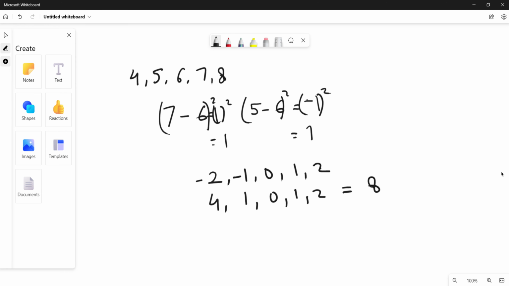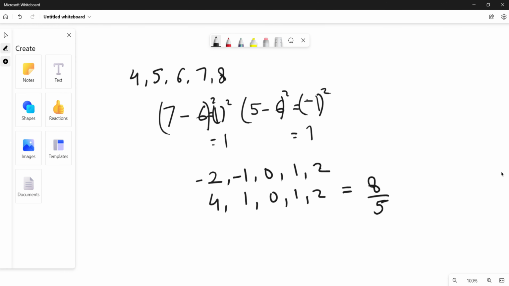That's interesting, but this 10 is not telling us the difference averaged out across all of these points. It's kind of the total. So we want to divide this by 5.